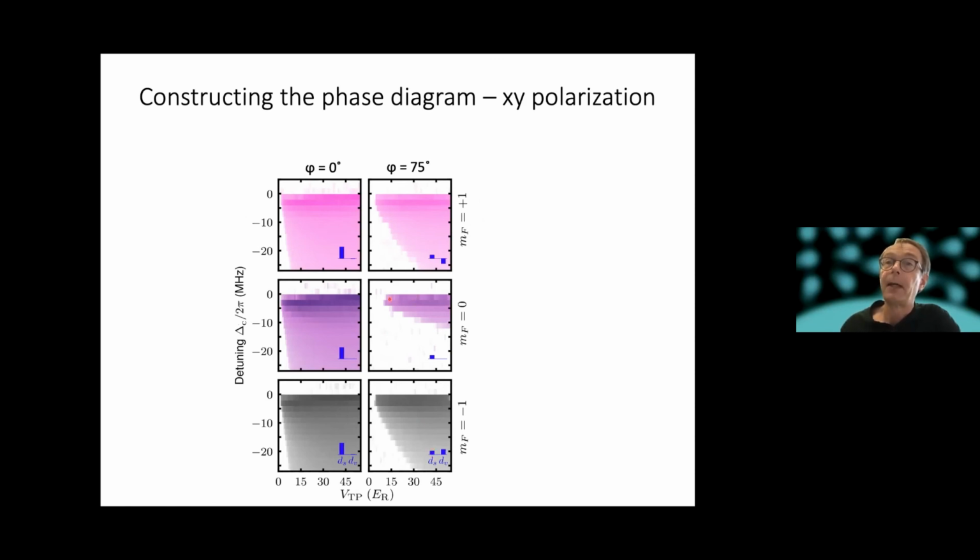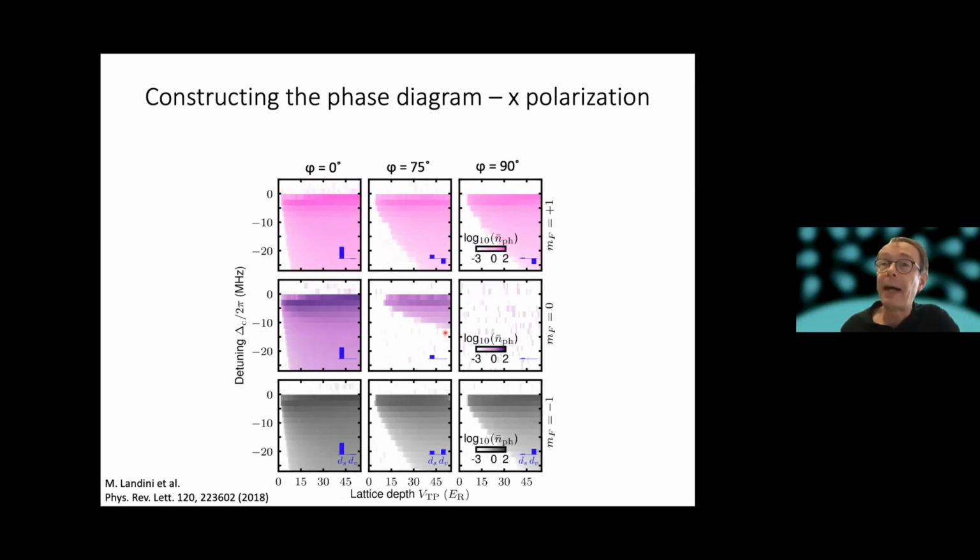Yet, the MF equal 0 is much more difficult to self-organize. You need much more power. And if we go to 90 degrees, the MF equal 0, as we had expected, will scatter just in the wrong direction and not self-organize, whilst the MF equal +1 and the -1 will self-organize.